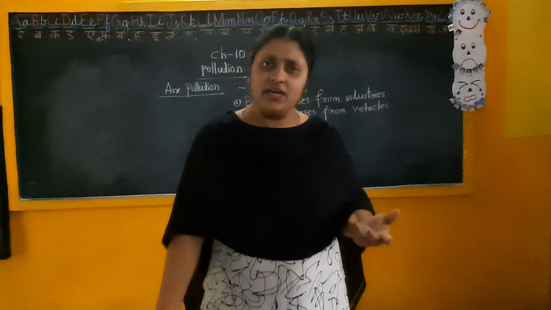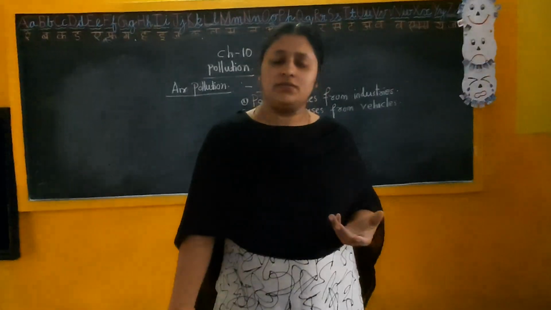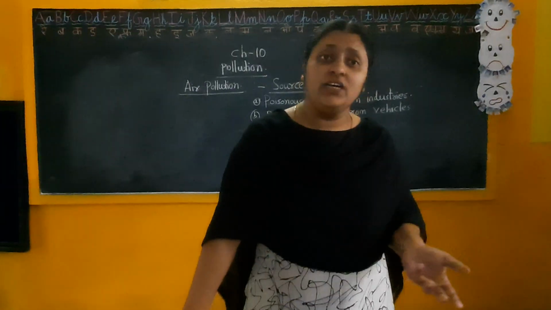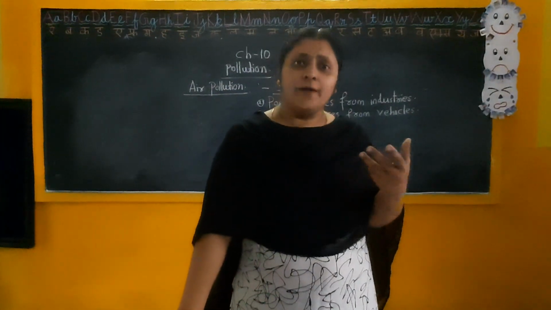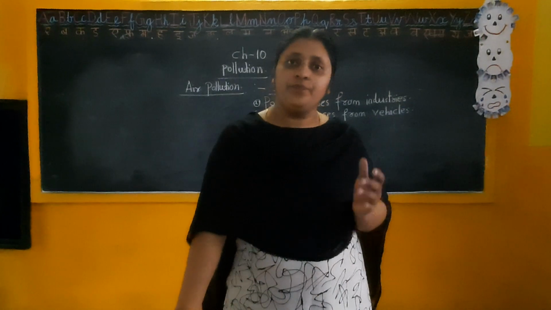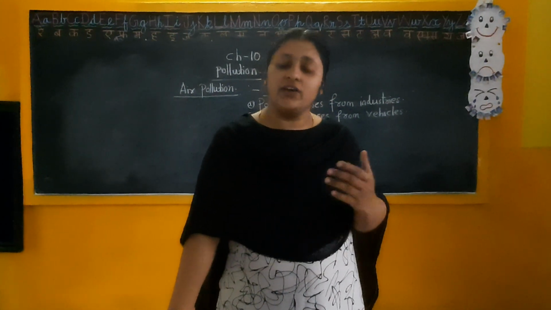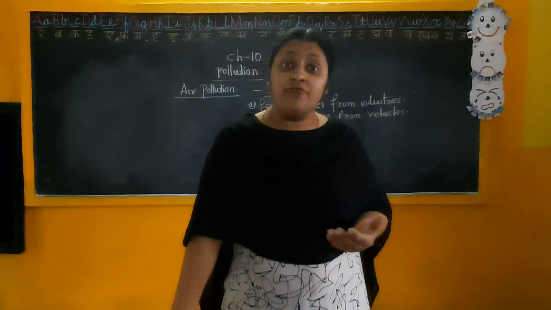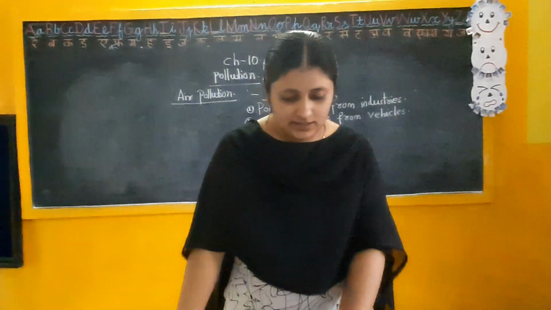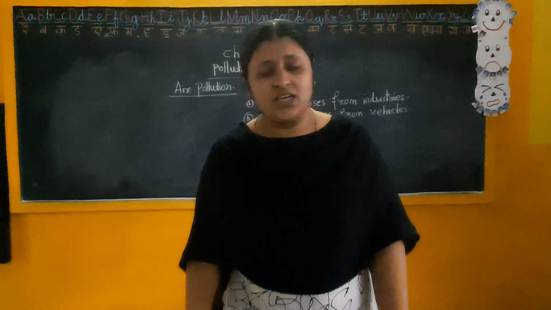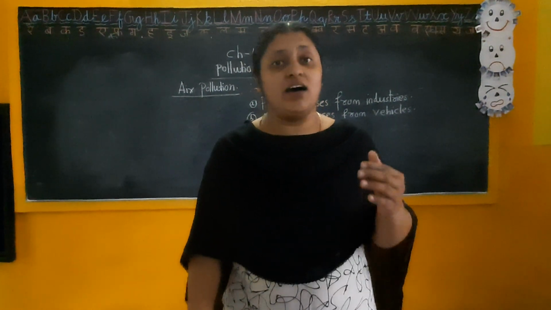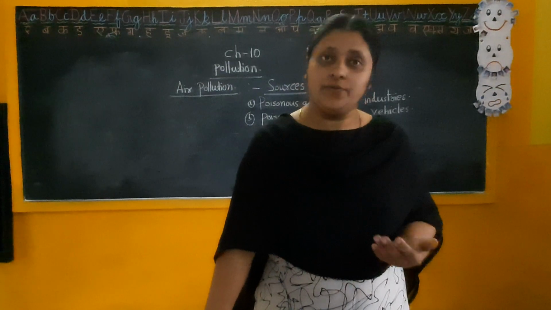Cars, scooters, bikes, buses, the number of these kinds of vehicles has increased on our roads. So vehicles are also producing a lot of poisonous gases, that means carbon monoxide, sulfur dioxide, these kinds of poisonous gases are released from these vehicles.